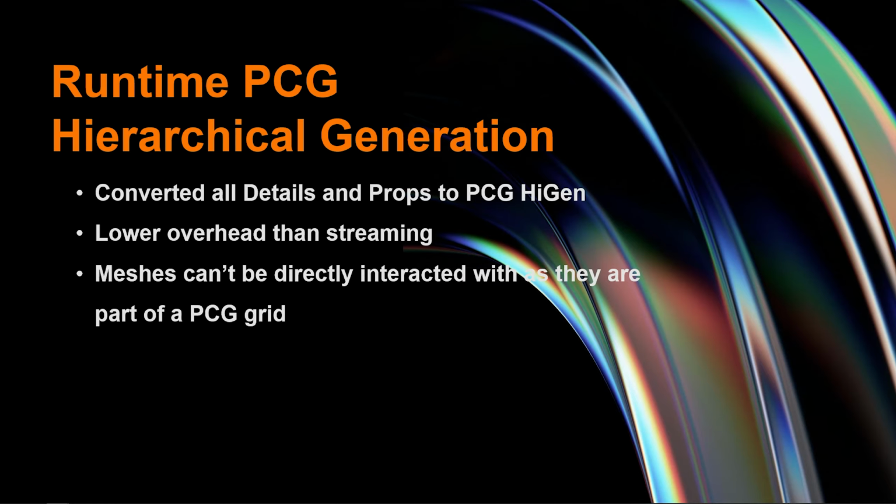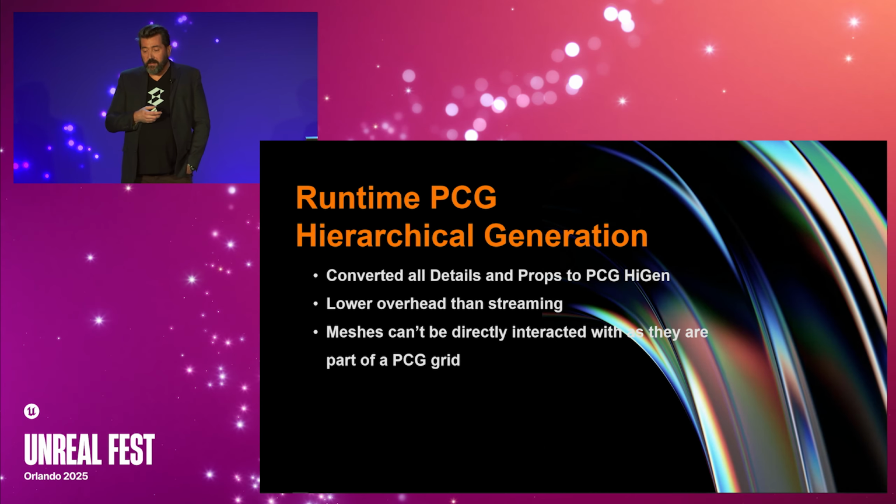So the other thing that we're doing, we are now converting everything to PCG, and that really has lowered our overhead. And yeah, when the meshes can't be directly interacted with, they are part of that PCG grid.